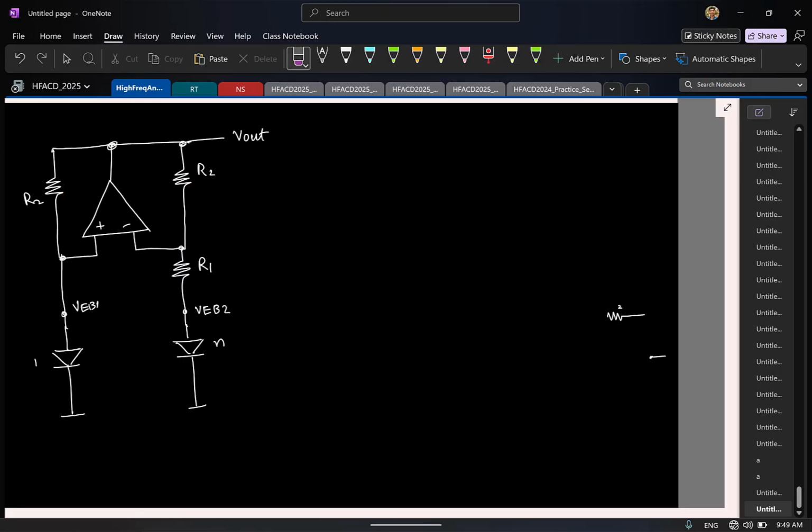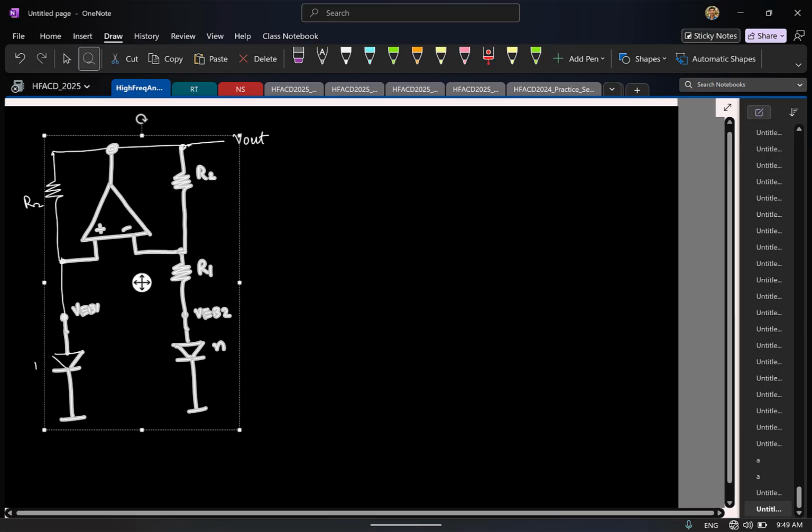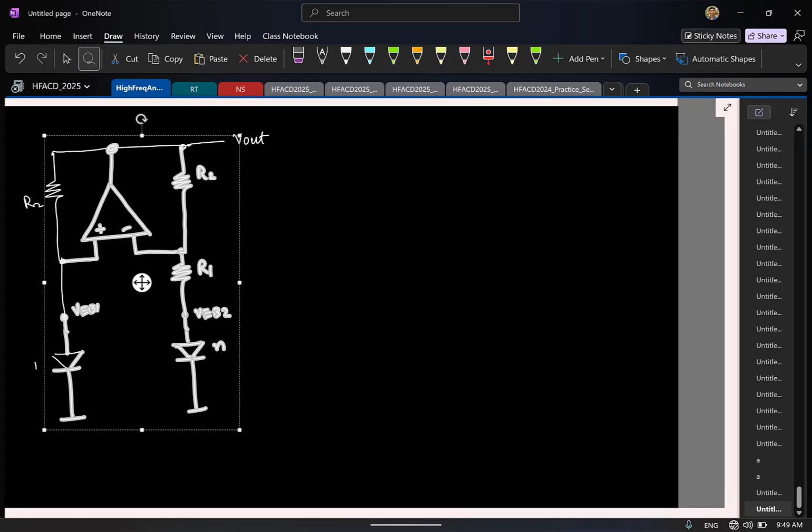So do you think this is a good thing or a bad thing? Finally, what do you want in your circuit? For an op amp, do you want negative feedback or positive feedback at DC? For op amps, remember, always you should have DC negative feedback. Only then all the bias points will be defined properly, transistors will be in saturation, and the op amp behaves like an op amp. But here I see that I have both negative and positive feedback. So what should be ensured in that case?